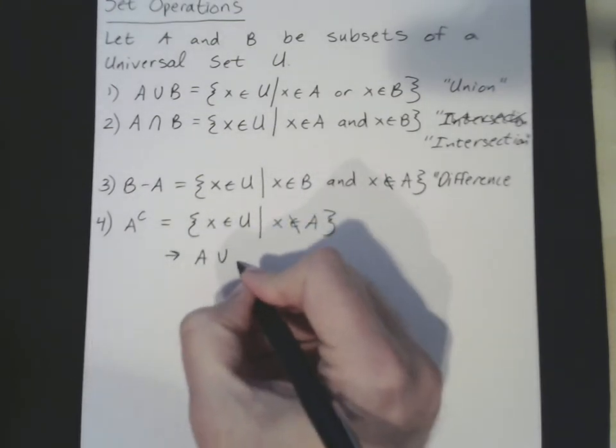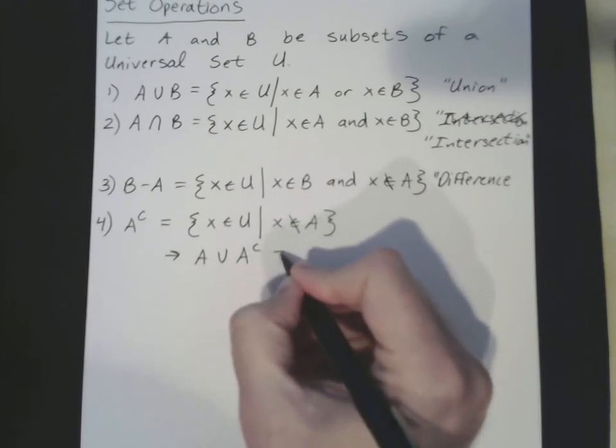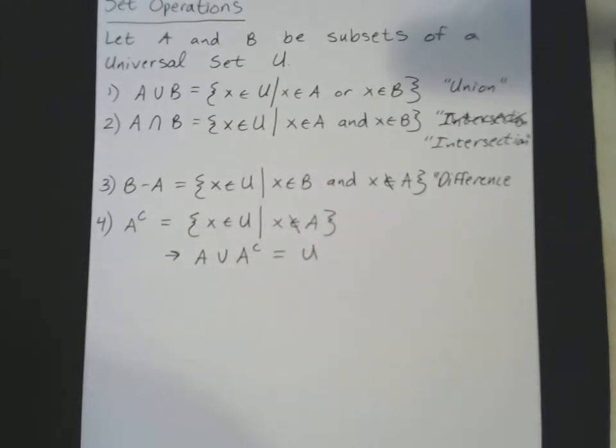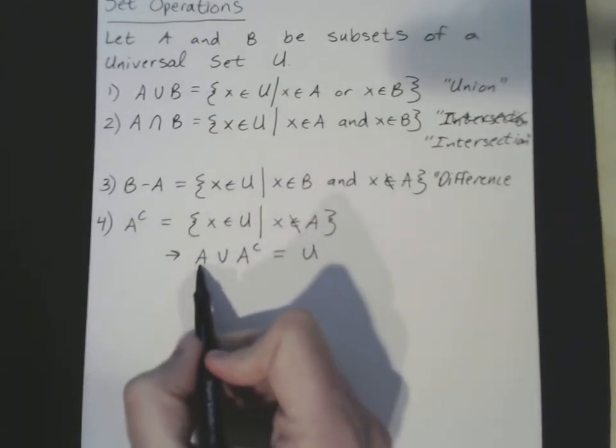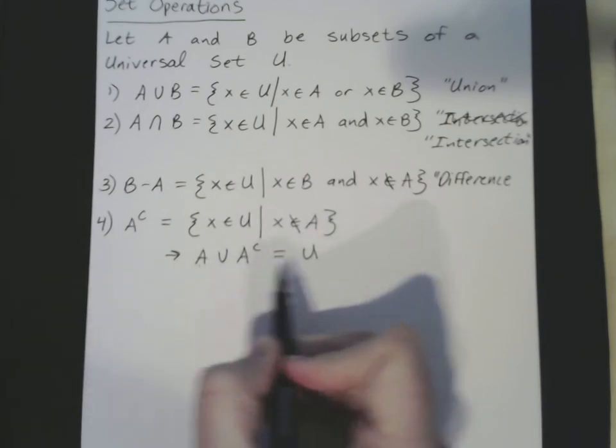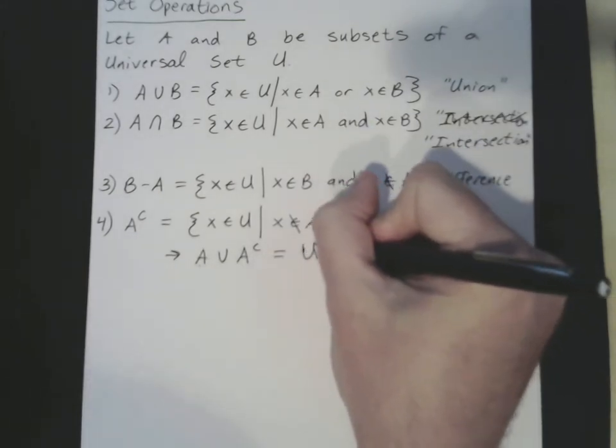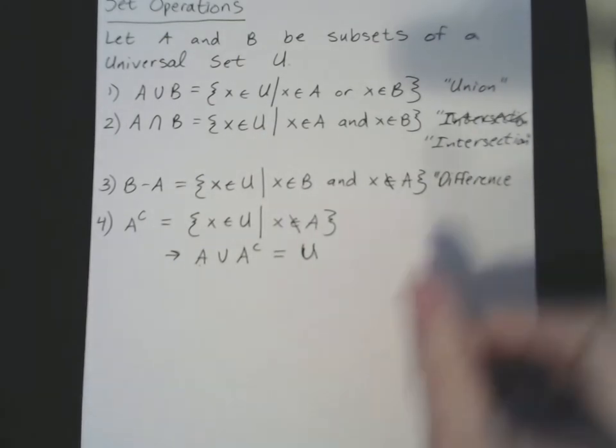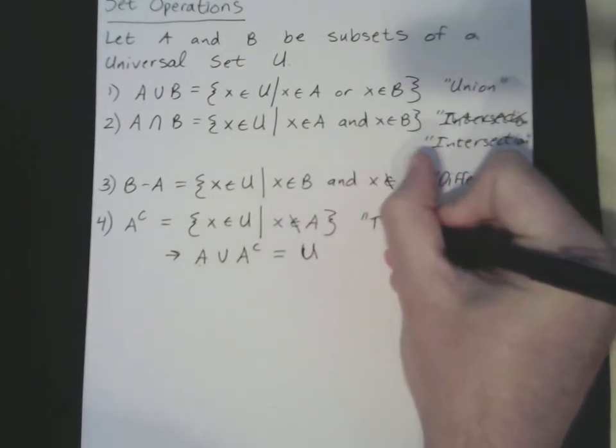A union A complement equals our universal set. Everything in A plus everything that's not in A gets us back to the universal. So this is the complement.